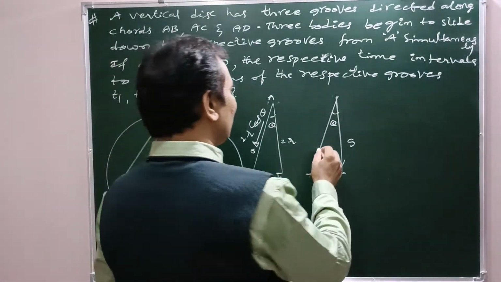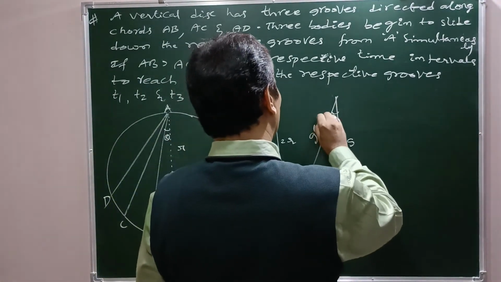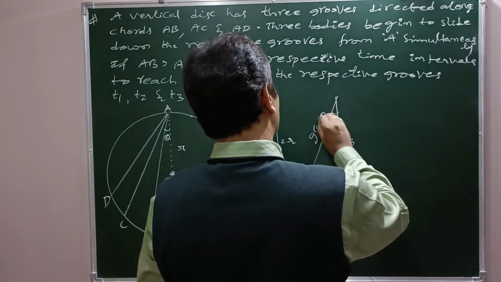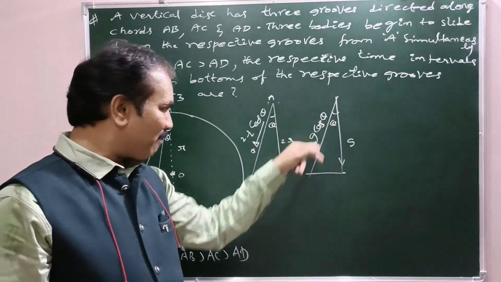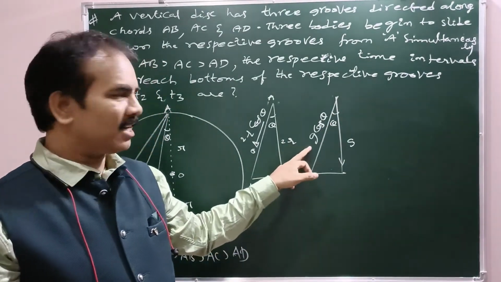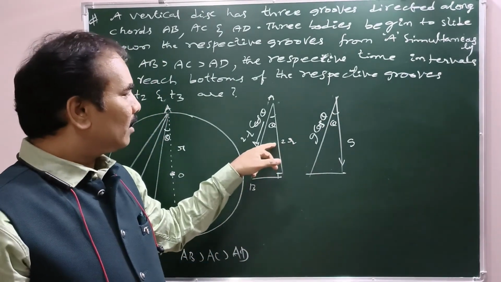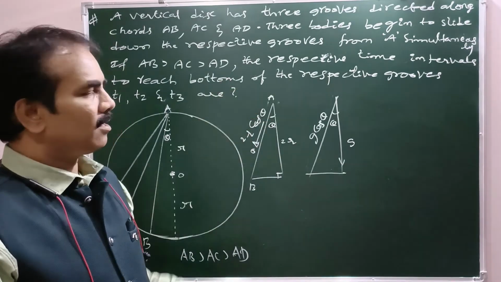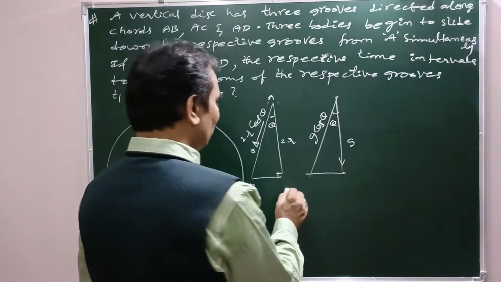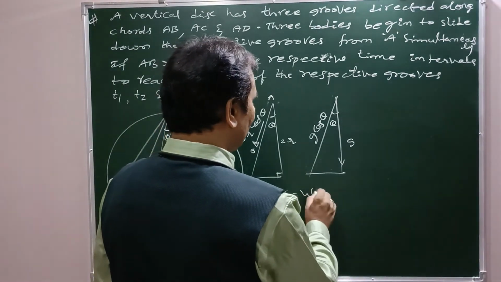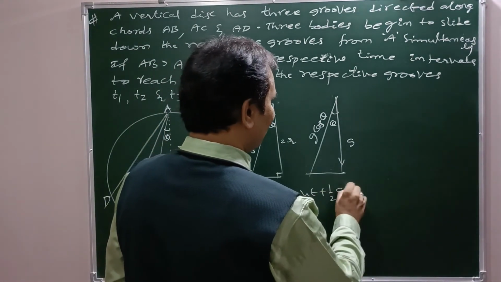That is G cos theta. So component along the hypotenuse for G is G cos theta. For a displacement of 2R cos theta. Now go with S equal to ut plus half at square. We know that S equal to ut plus half at square, right?